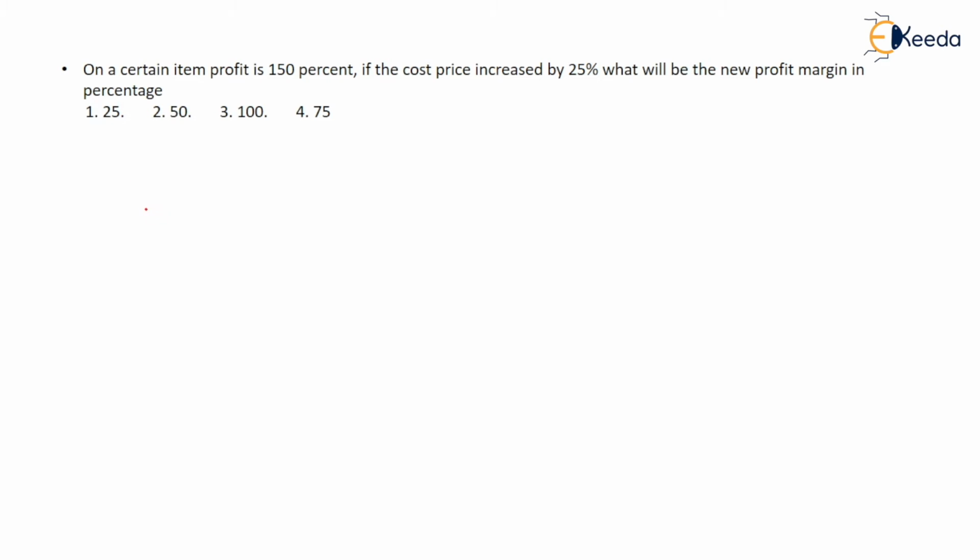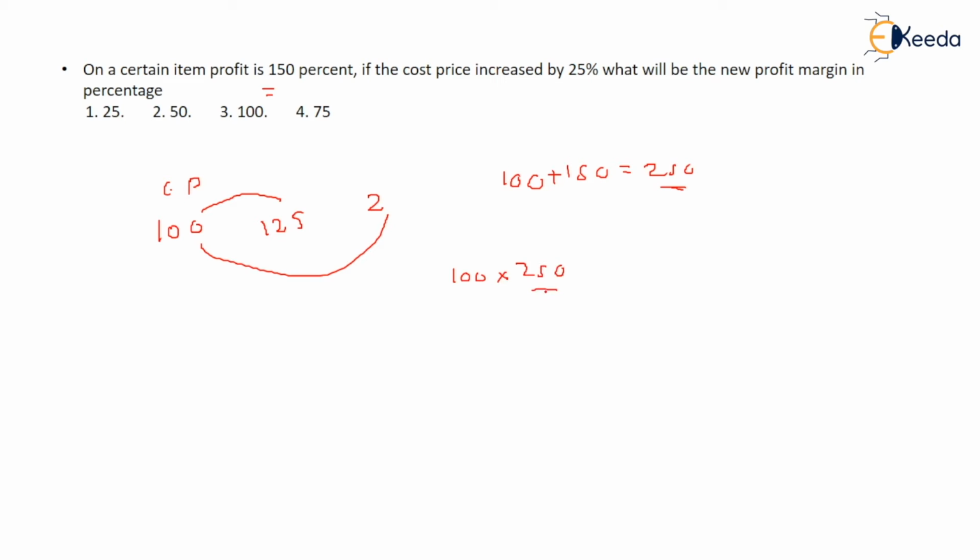Suppose the earlier cost price was 100 rupees. 150% profit means 100 plus 150, so 250% is the selling price, meaning the selling price is 250.